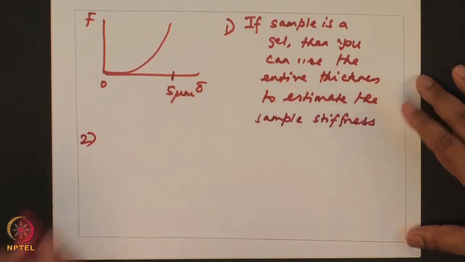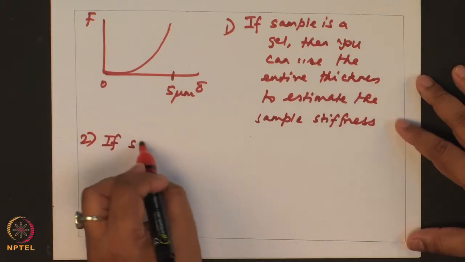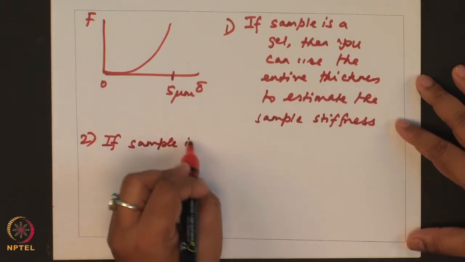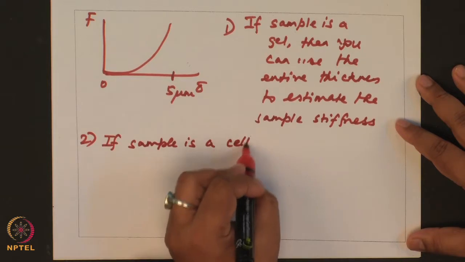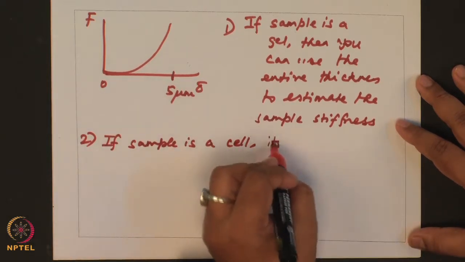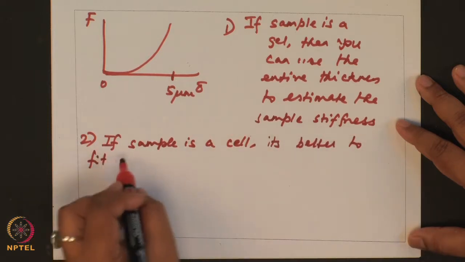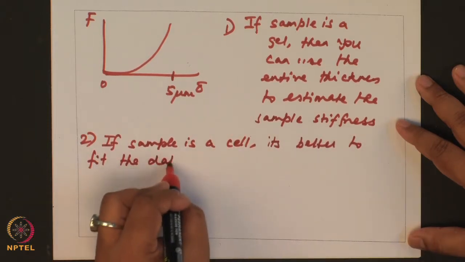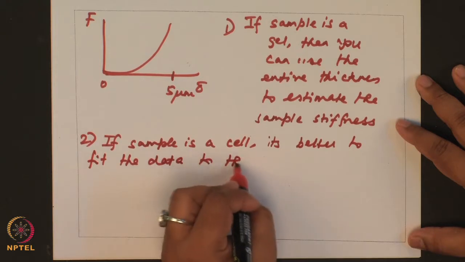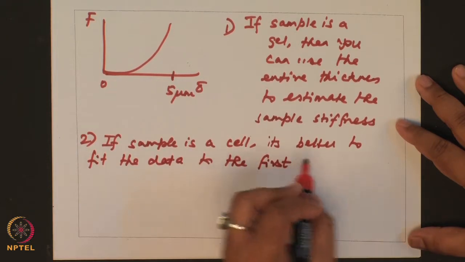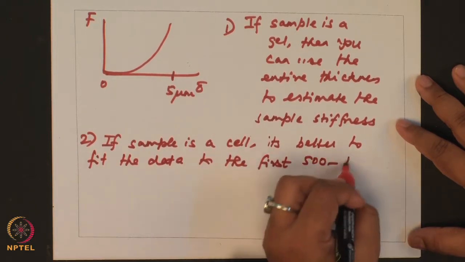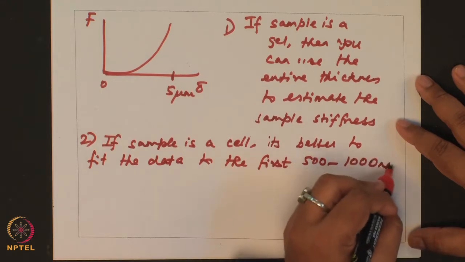But if the sample is a cell, it is better to fit the data to the first 500 to 1000 nanometers.